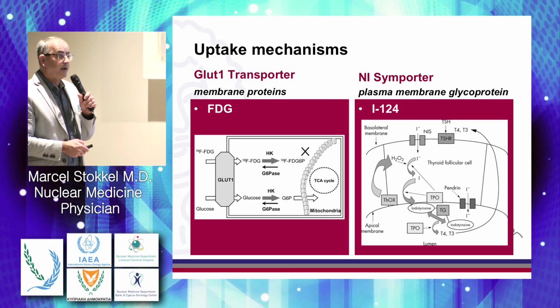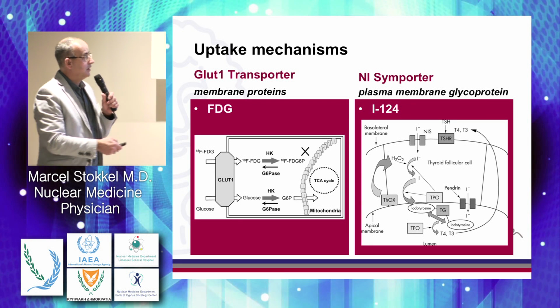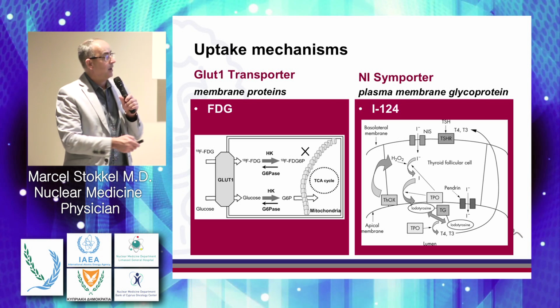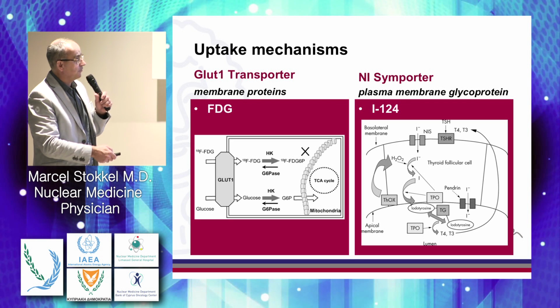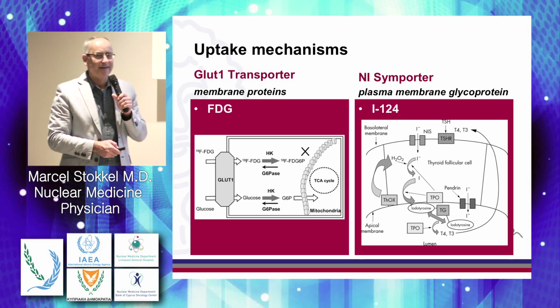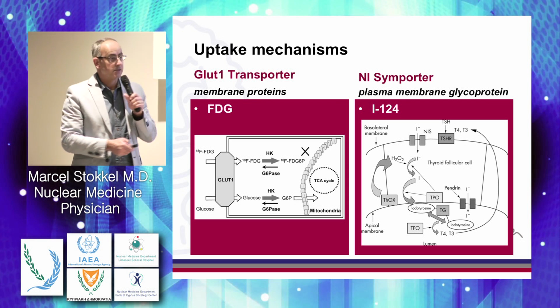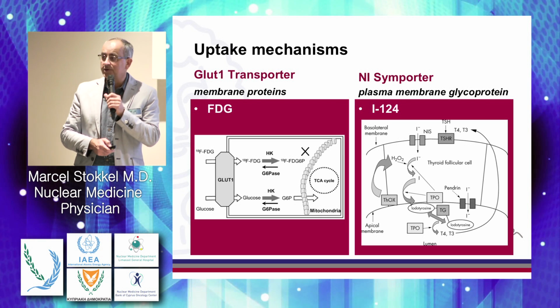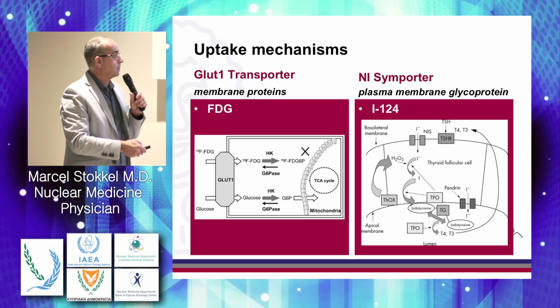When you look at iodine 124, the uptake is via the sodium iodine symporter, and the uptake of iodine needs sodium, which is why it's called a symporter. So without sodium, there is almost no uptake of iodine.